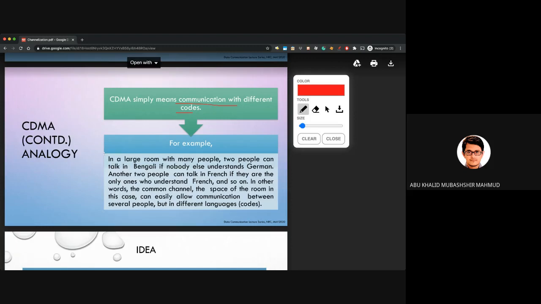So let's take a look at the example on the slide. In a large room with many people, two people can talk in Bengali if nobody else understands Bengali. This should be Bengali, so this is a correction.